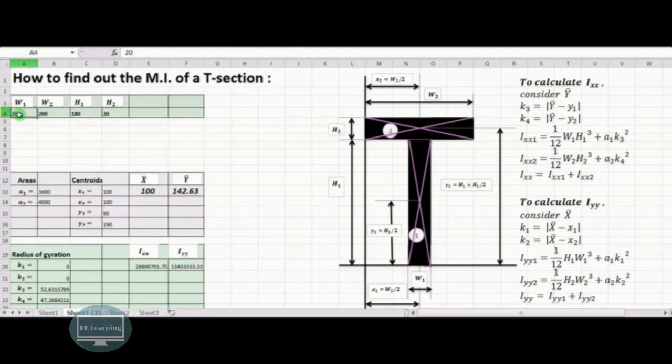So here also if you change this particular value, so it is suppose say 10, then this is 100, this is 90, and suppose this is 10, then you can get directly these particular values of Ixx and Iyy. So you can use this particular calculator prepared using Excel sheet for calculation of Ixx of the composite section like T section.